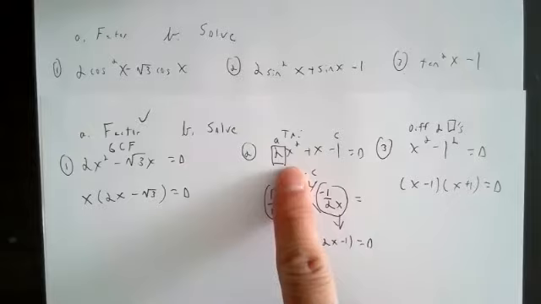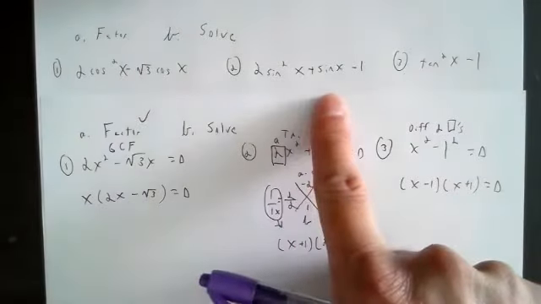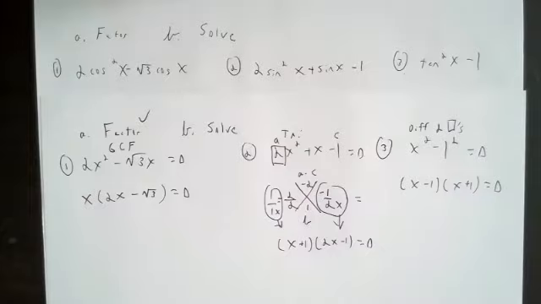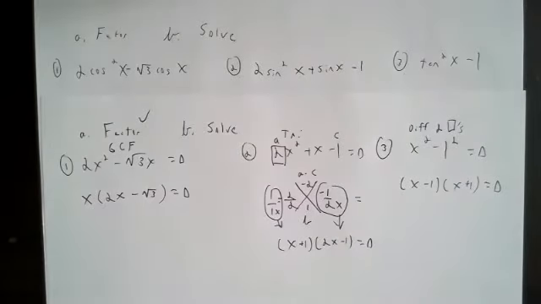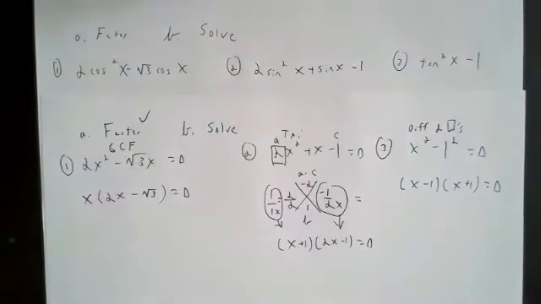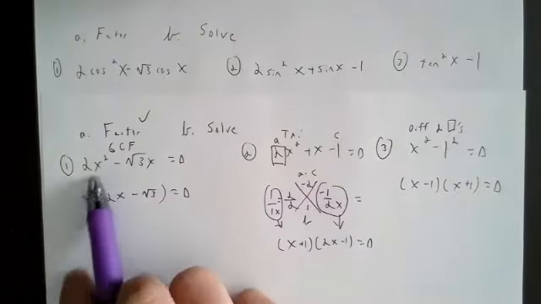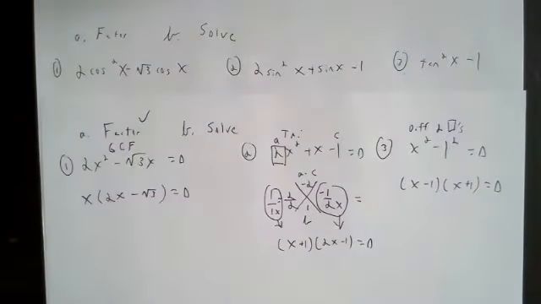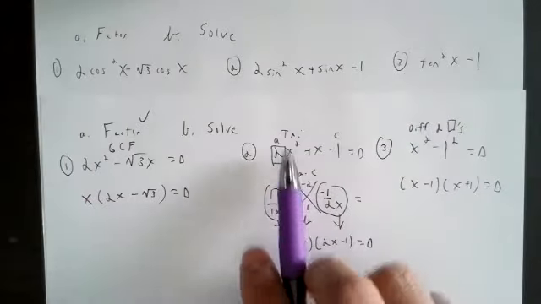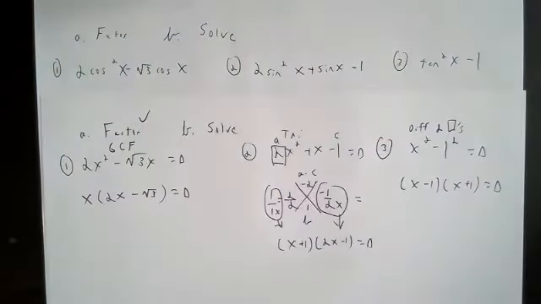If I just turn these x's into sines, they really are the same thing. And instead of x squared, I have tangent squared. They're all very, very similar. Instead of just having a plain x, I put a trig function of some kind in for x. And if x is squared, then the trig function is squared. Just like here, x squared, tangent squared, 2x squared, 2 sine squared x. So it actually is the same thing.